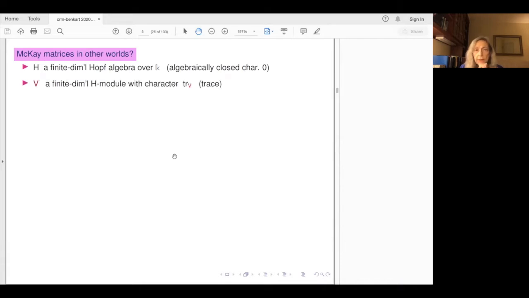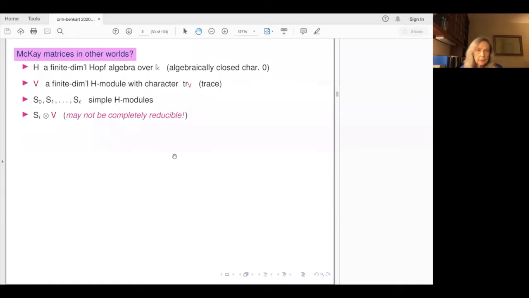And I'm going to take a finite-dimensional H-module V with character chi, the trace. And I'm going to take the simple modules. And the first obstacle you run into is that this tensor product may not be completely reducible. You could think about, well, maybe we should assume that the Hopf algebra is semisimple and make it completely reducible, but then we are throwing out a lot of really good examples.